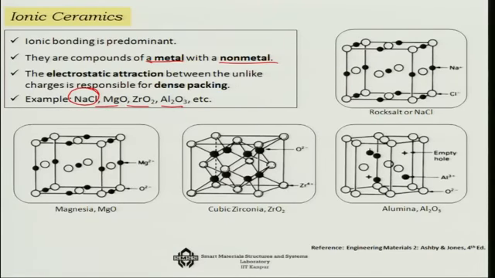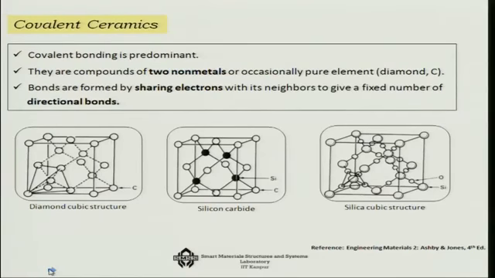Because there is electrostatic attraction between the unlike charges, they have very dense packing, so the density could be very high. This is the structure of common salt, rock salt, sodium chloride, then magnesia, cubic zirconia, which is a little more complicated, and alumina. So that is about the ionic ceramics.